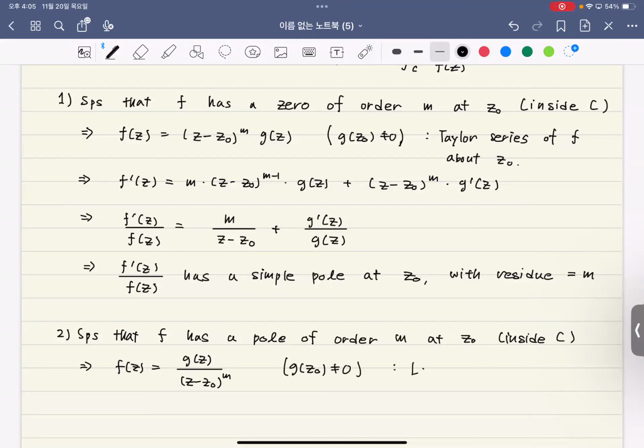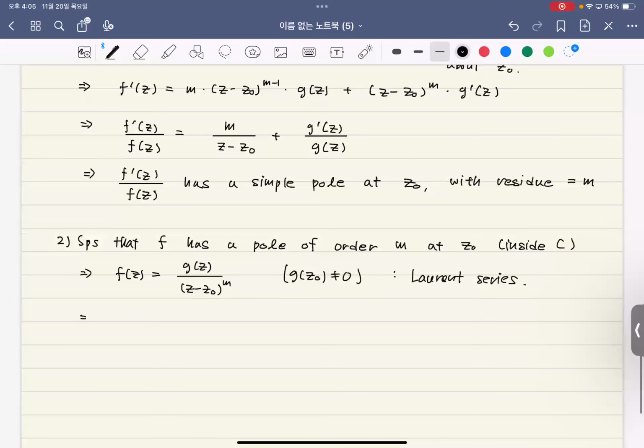This is the Laurent series. Then f prime of z is, oh no, sorry, this is minus m, right?